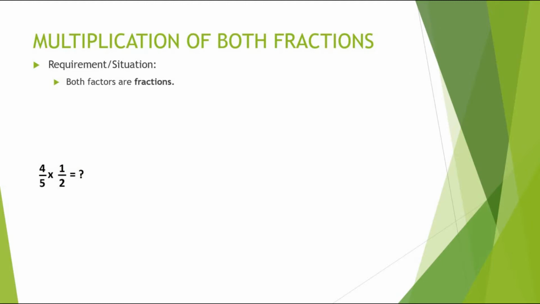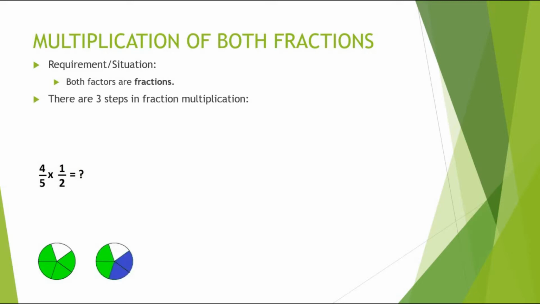On the image, ganito yung itsura niya. So, we have 4 parts out of 5 equal size parts na divide yung isang circle, and i-multiply daw natin ito sa 1/2 niya. Ang 1/2 naman is ganito ang itsura.